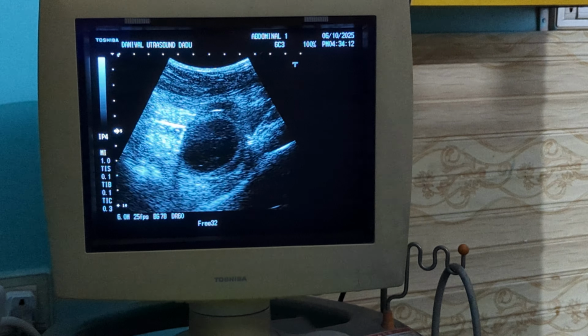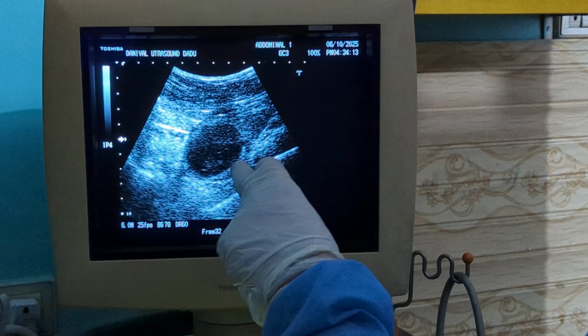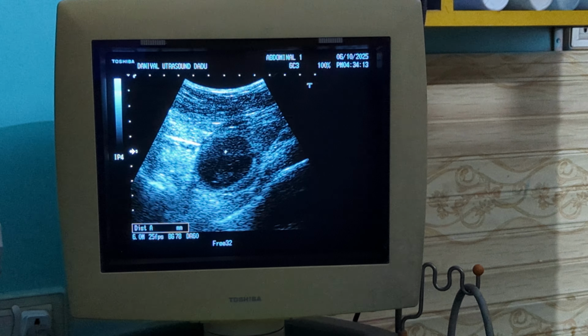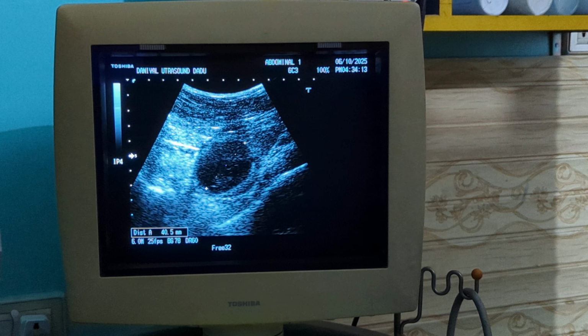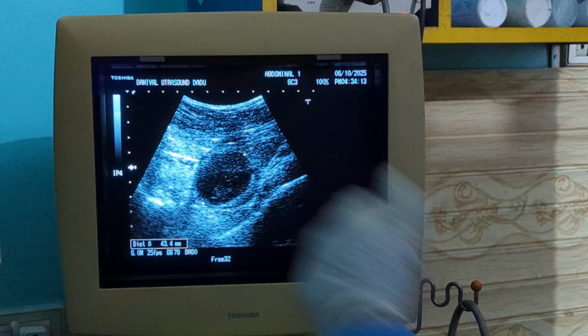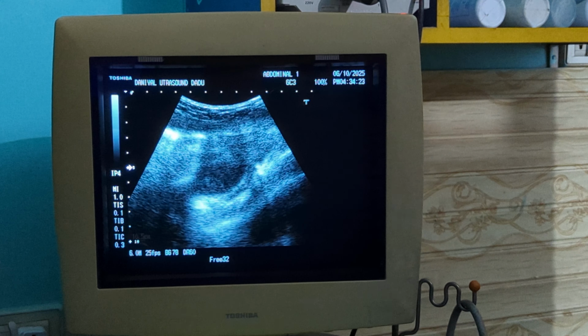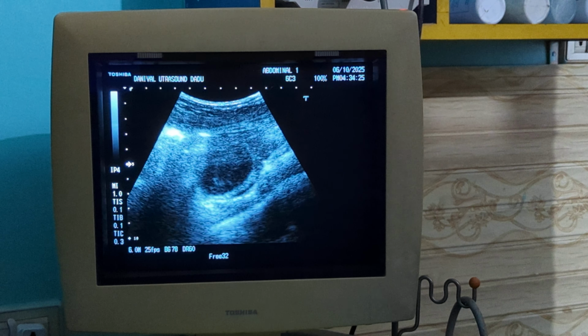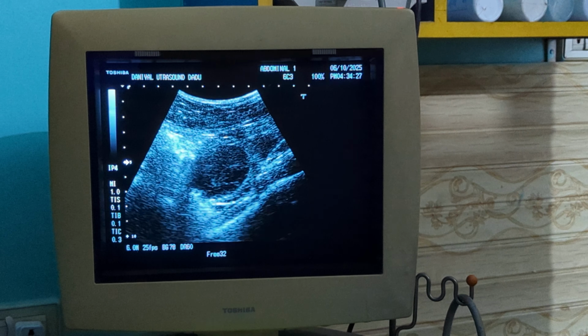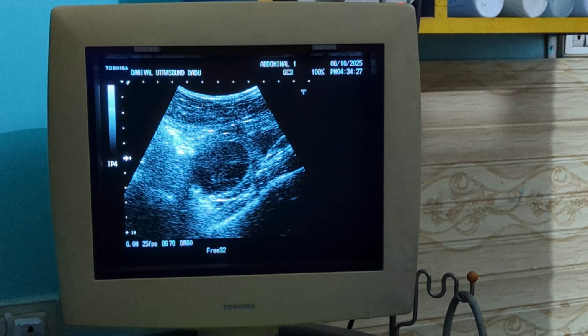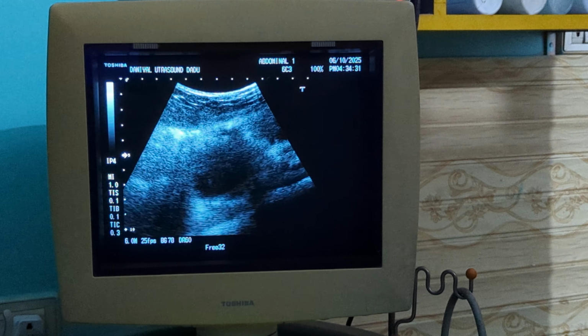The interpretation would be left ovarian cyst measuring approximately 4.3 into 4 centimeters, showing the features of ovulation and forming a corpus luteum cyst. So nothing to worry about this thing, at least.